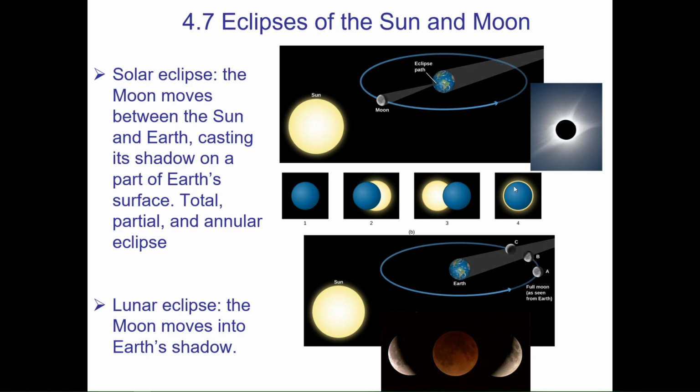There are times when the moon is a little bit further away from the Earth, or times when the sun is a little bit closer to the Earth. So therefore, the moon appears smaller or the sun appears bigger. At that moment, the moon's surface is not able to cover 100% of the sun. So we have this annular eclipse.